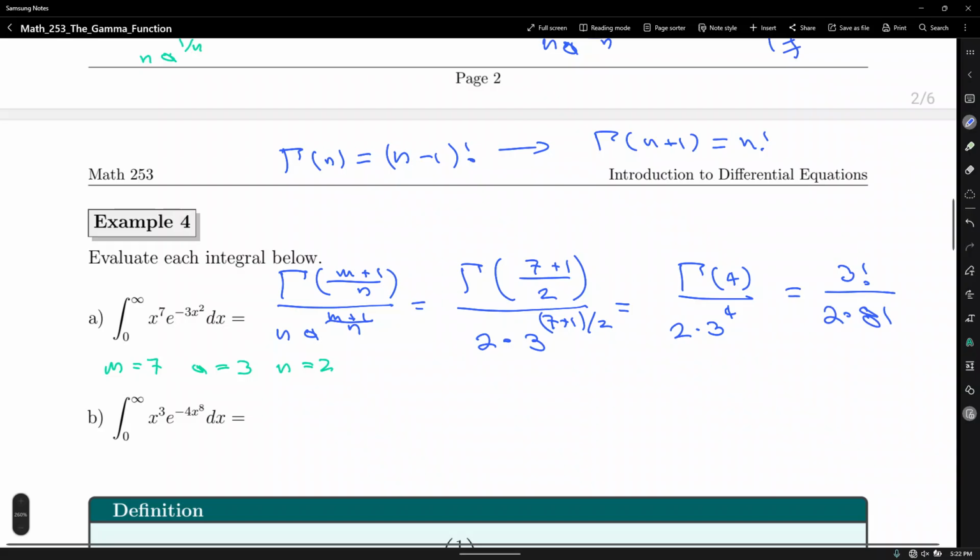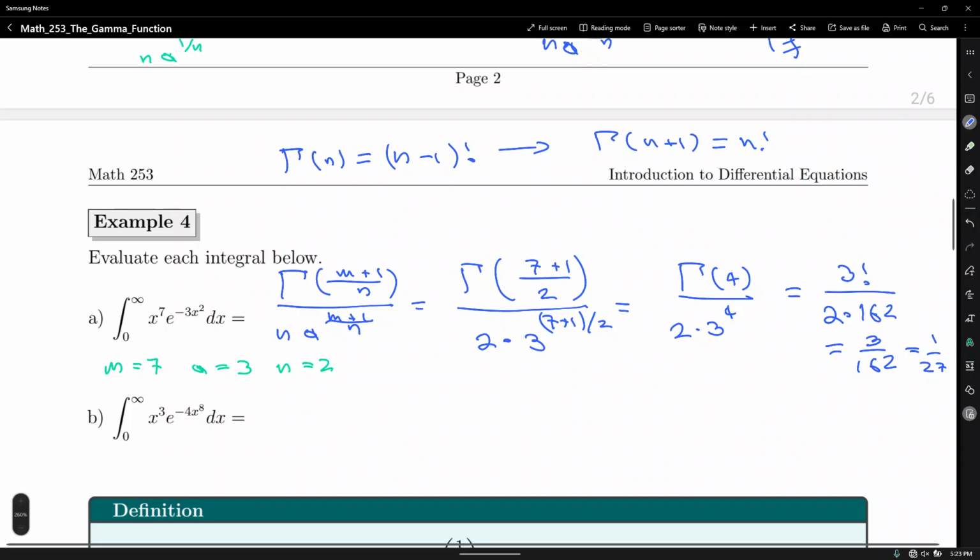That's 162. And what's 3 factorial? 3 factorial is 6. So 6 over 162, and that's 1 over 27, because they're both divisible by 6.